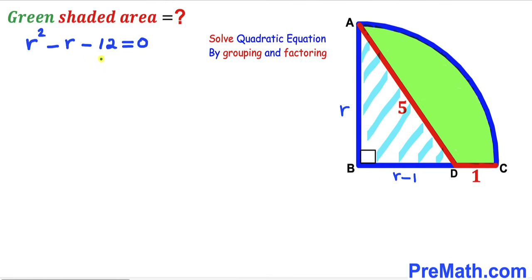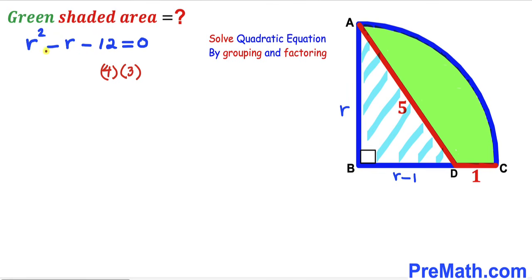We are going to solve this quadratic equation by grouping and factoring. Let's focus on this constant 12. Just disregard this negative sign. 12 can be broken down into 4 times 3. Now let's focus on this middle term.